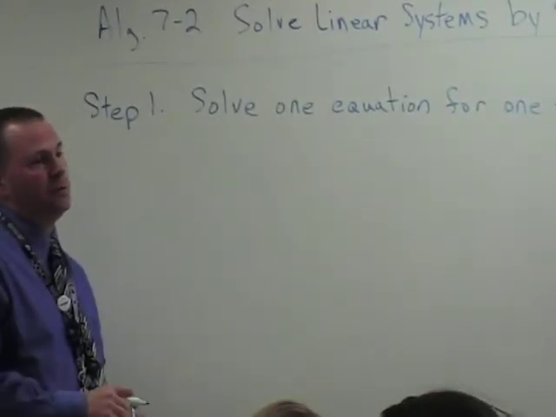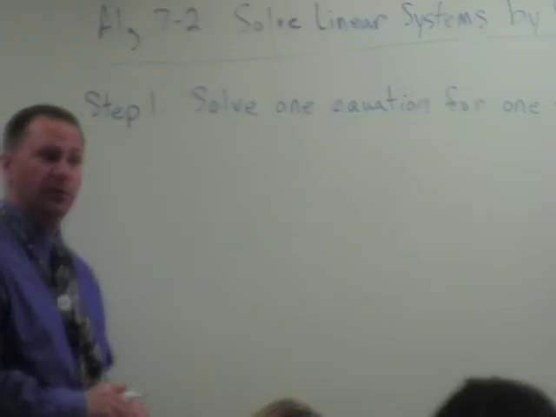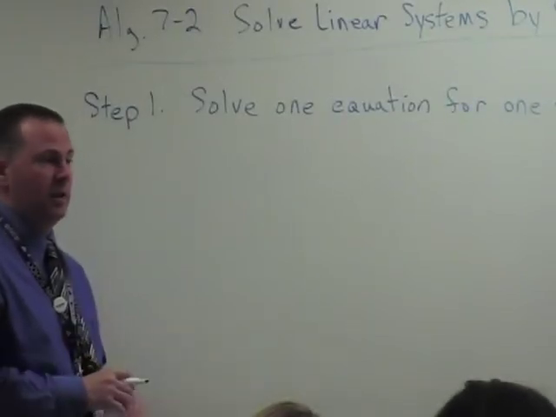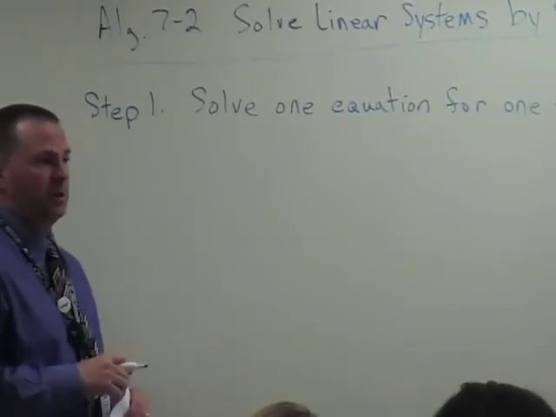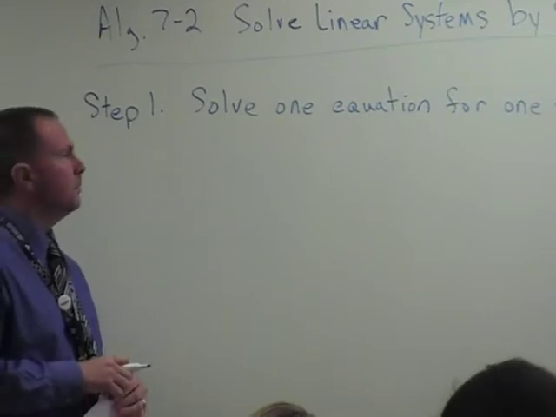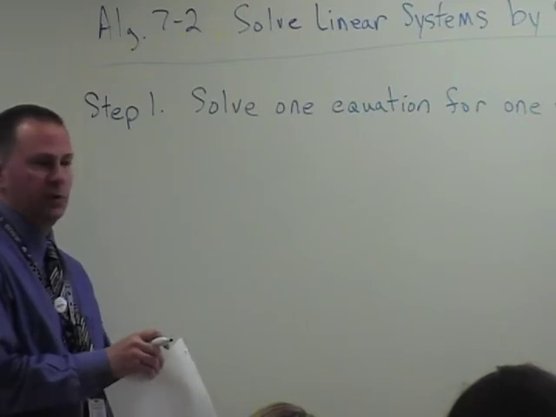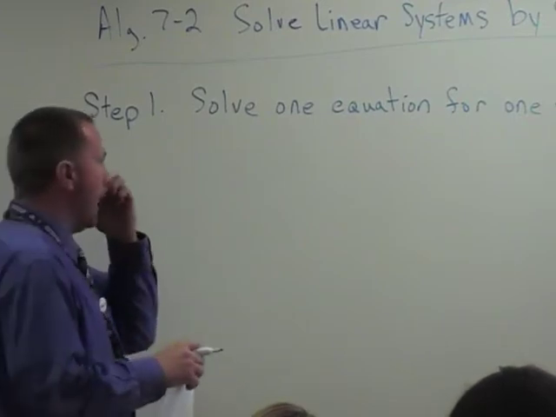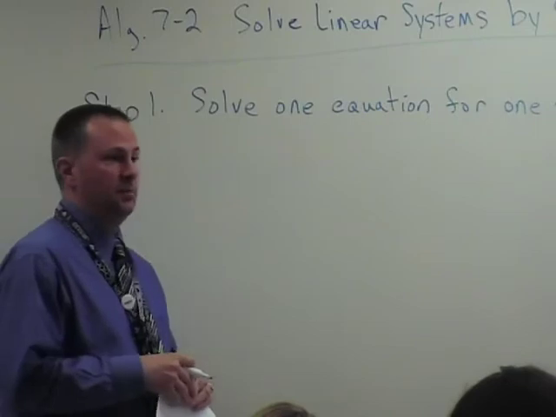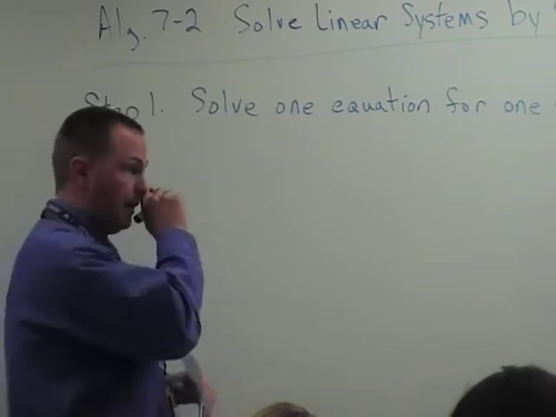It's easier to solve for the variable that has a positive 1 for a coefficient, because all you're doing is adding the other variable to the other side. But if they both have other coefficients, then you're going to have to divide. And yes, you're going to have fractions at some point in time, so you better get used to it.